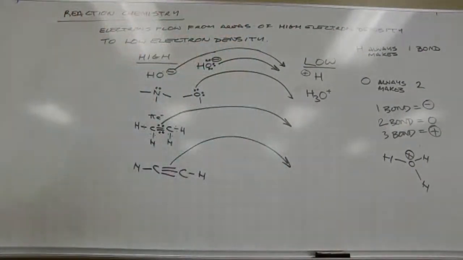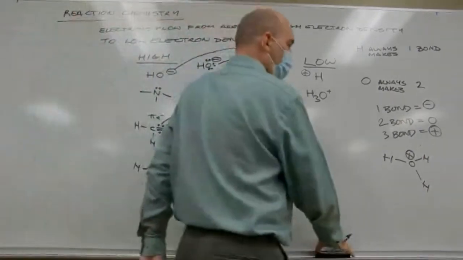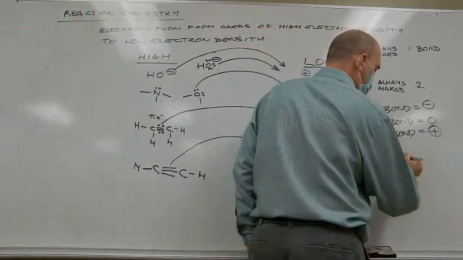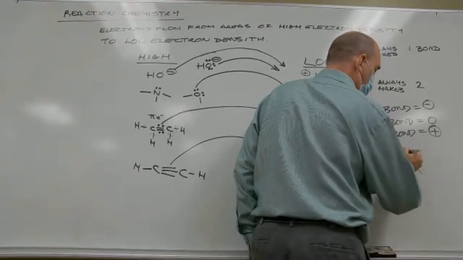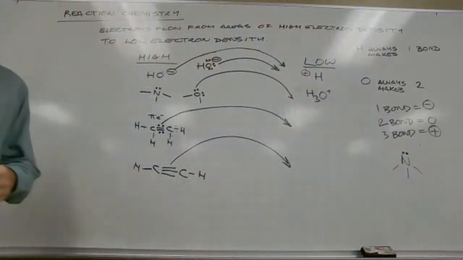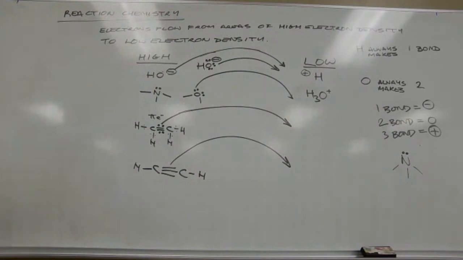Would that hold true for oxygen's neighbor? Oxygen's neighbor is nitrogen. Nitrogen is in group 5, we're told always makes 3 bonds. What if you made 2 bonds to a nitrogen? Would you have a charge? People at home, 2 bonds to a nitrogen, would it have a charge?